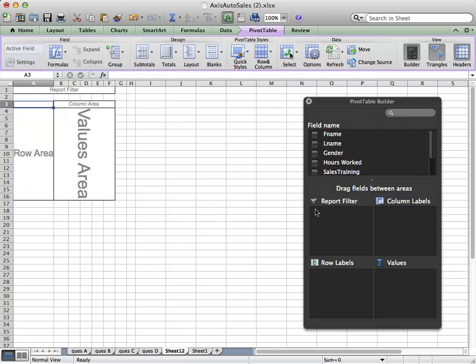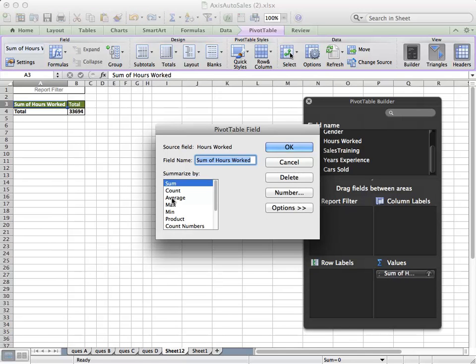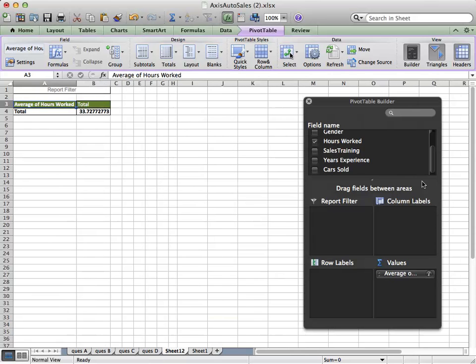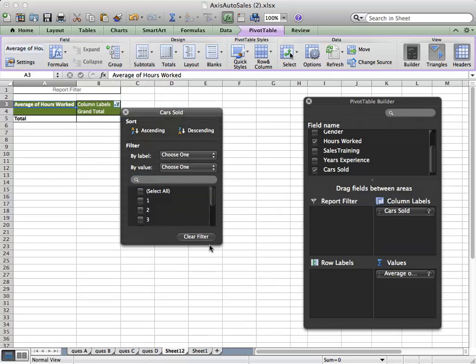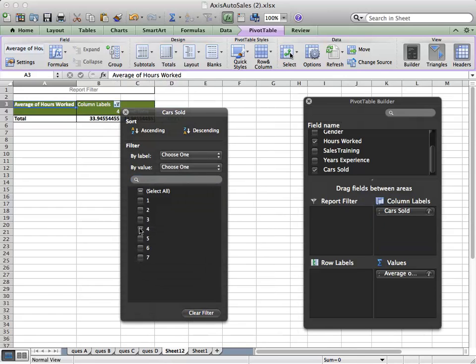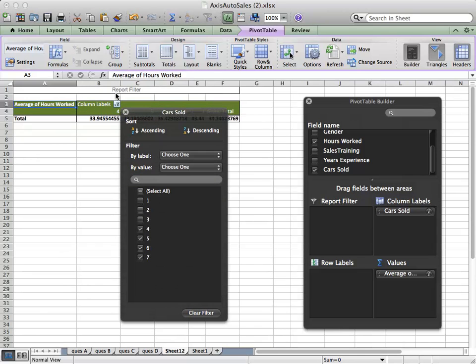The next question is average hours worked by people selling greater than 3 cars per month. So we want hours worked as our value. And we want it to be the average. But we want to look at cars sold, and we want it to be limited to only the people who sold more than 3 cars per month, which is 4, 5, 6, and 7.